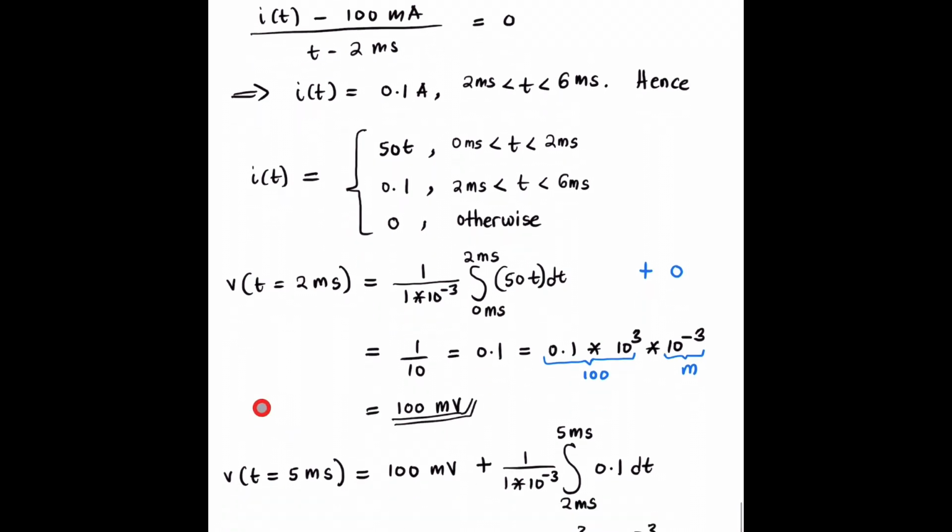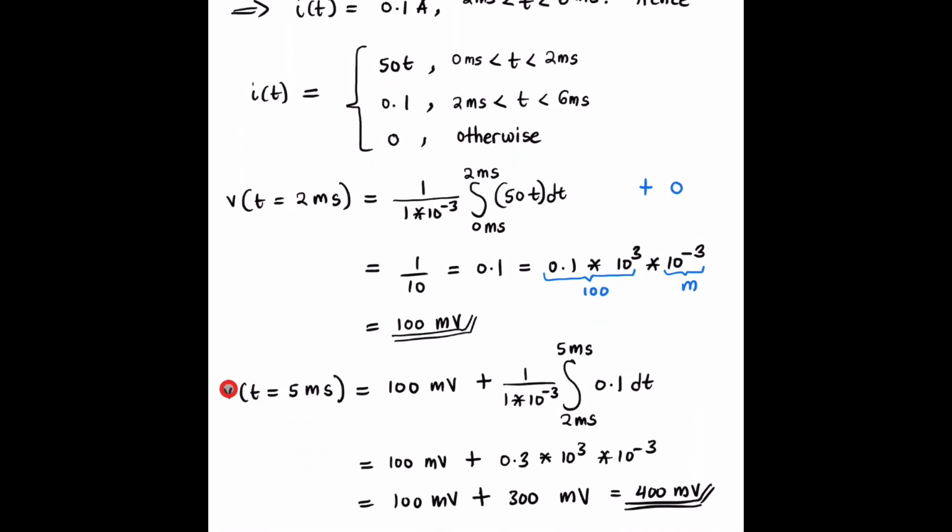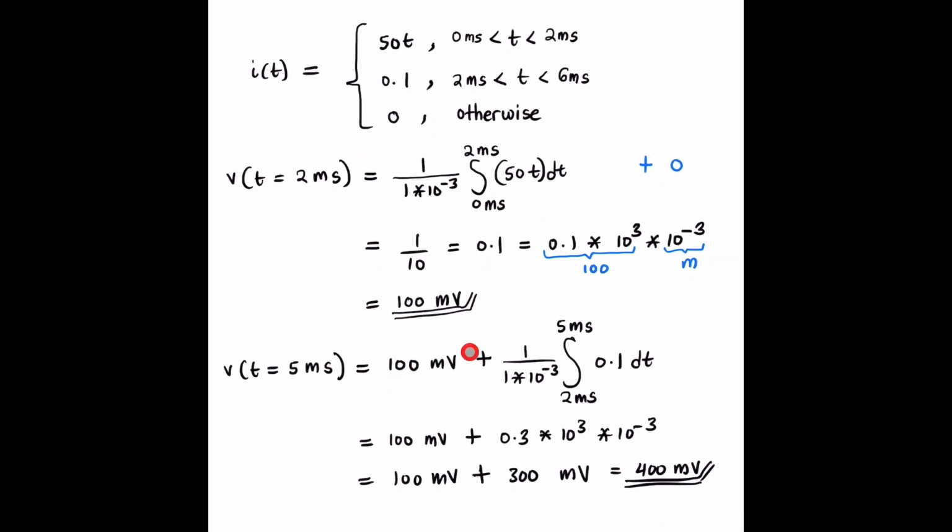The voltage at t equals 5 milliseconds is equal to the 100 millivolts plus this. So we bring this 100 down here, we simplify this, and we get 300 millivolts. Okay, so we add this to that, we get 400.